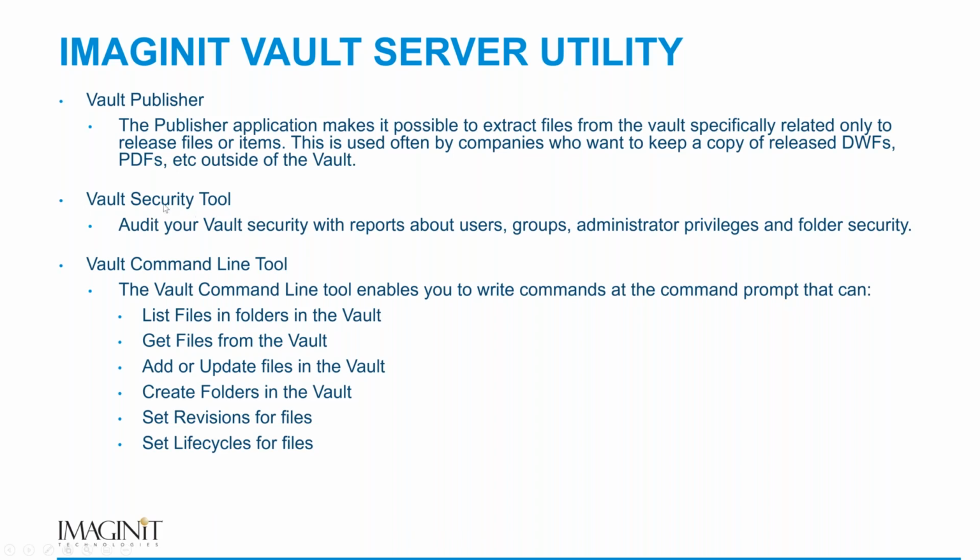If I run our security tool utility, it'll give me a really nice report on who all has administrator privileges within the Vault. That'd be the first thing I'd want to know. Now I'll show you one that I ran on my little simple Vault here. It gives me a nice Excel file of all kinds of information I can thumb through and see what is the current lay of the land, and if nothing else, maybe use that to help document the vault as well.